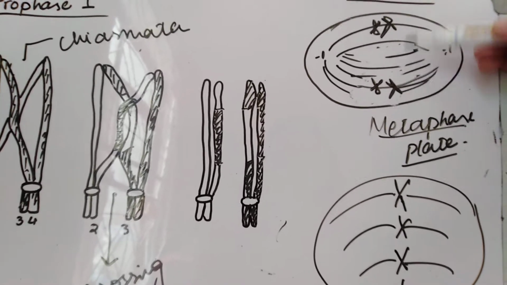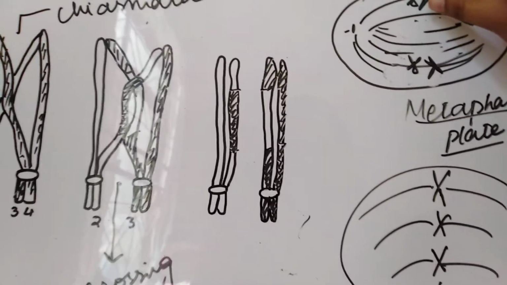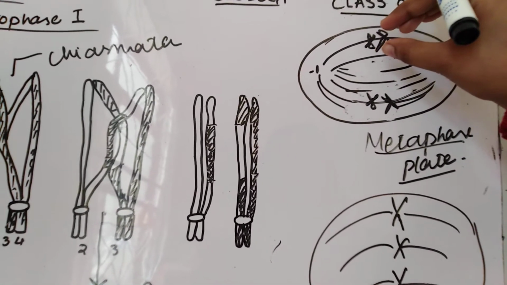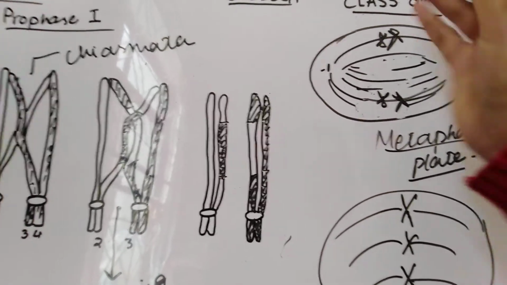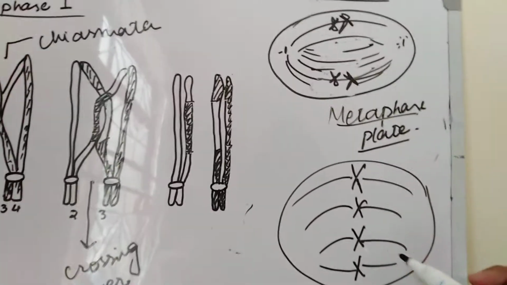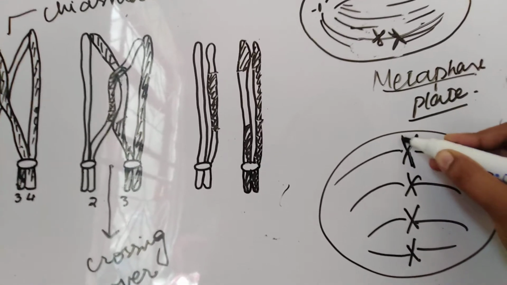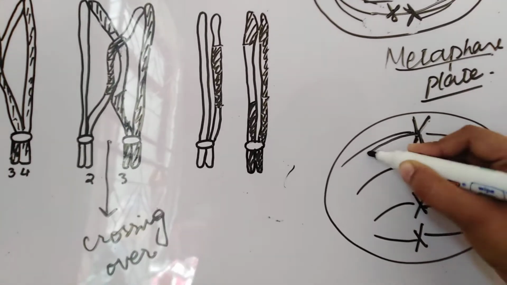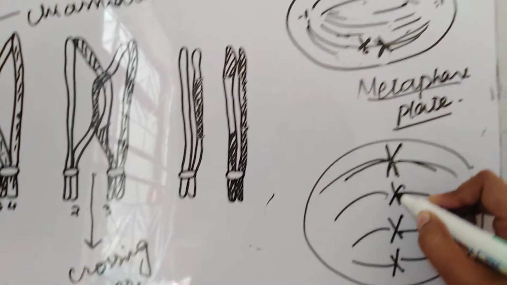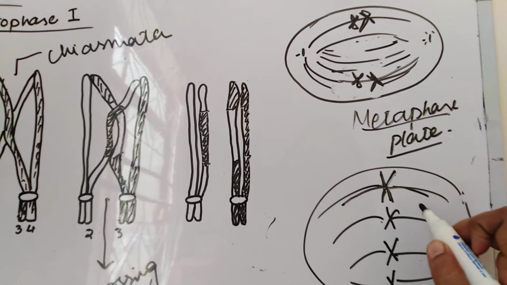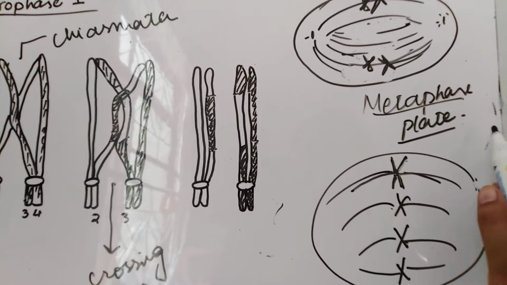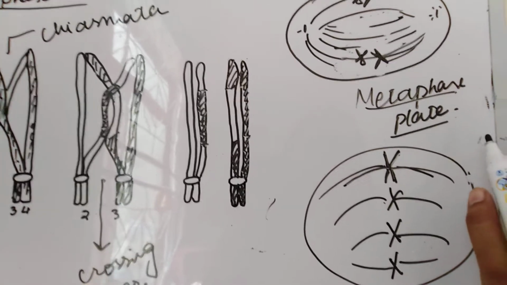So during anaphase, each pair of chromosomes will be moved toward the opposite poles. But in mitosis there is only one chromatid which moves or pulls apart. So this is the actual difference of metaphase in meiosis and in mitosis.